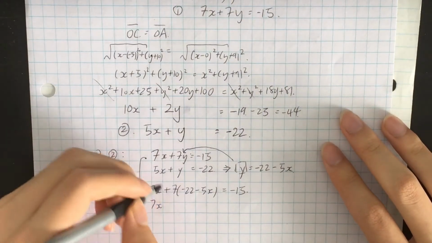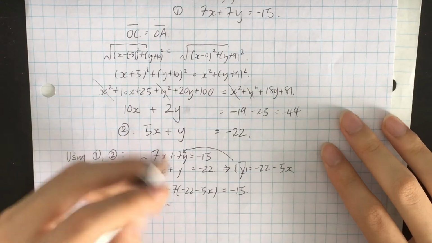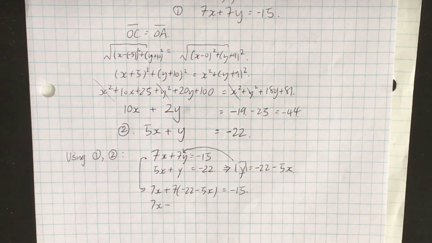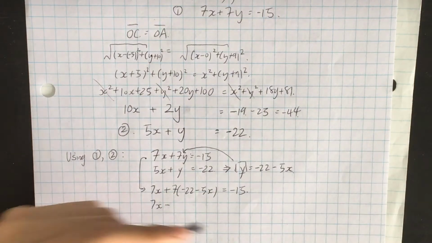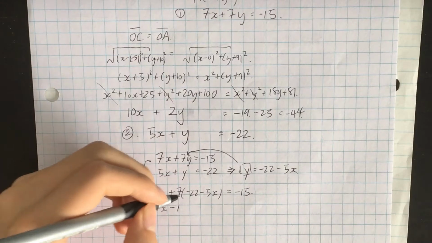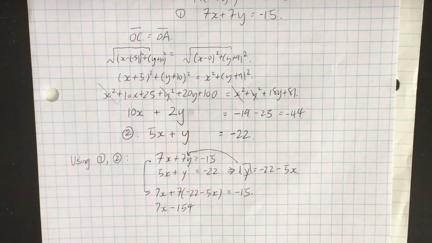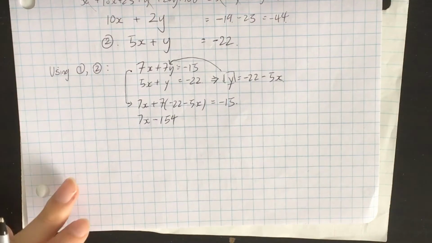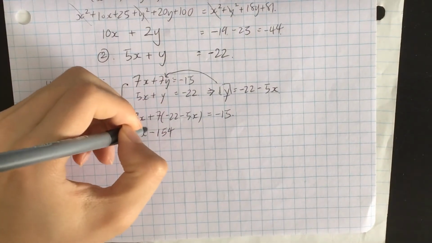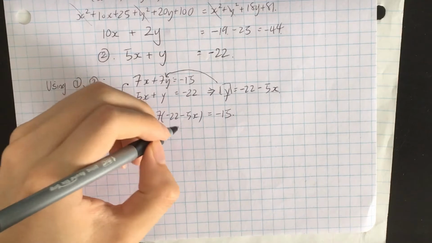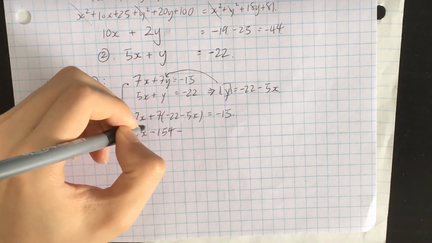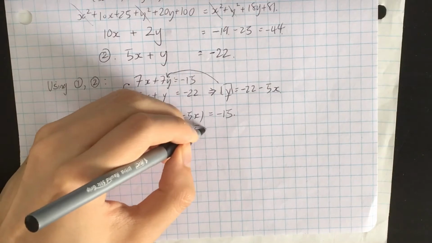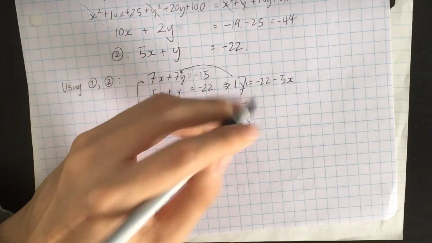So if we distribute it, we get 154 minus 35x is equal to negative 15.